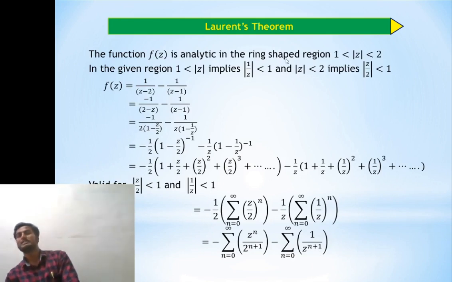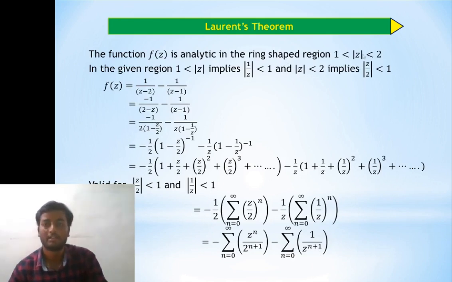Now the next region given is 1 less than mod z less than 2. First you split this, as it has two regions. 1 less than mod z means mod z is greater than 1, so that mod 1 by z is less than 1.